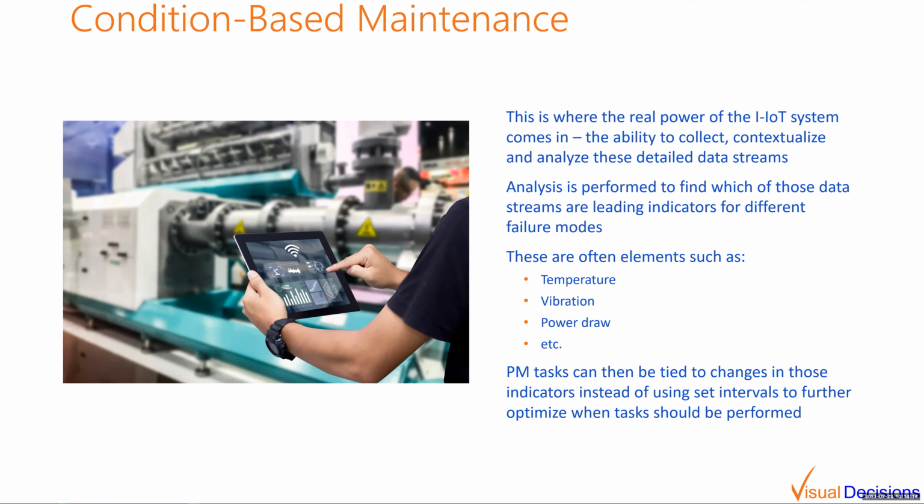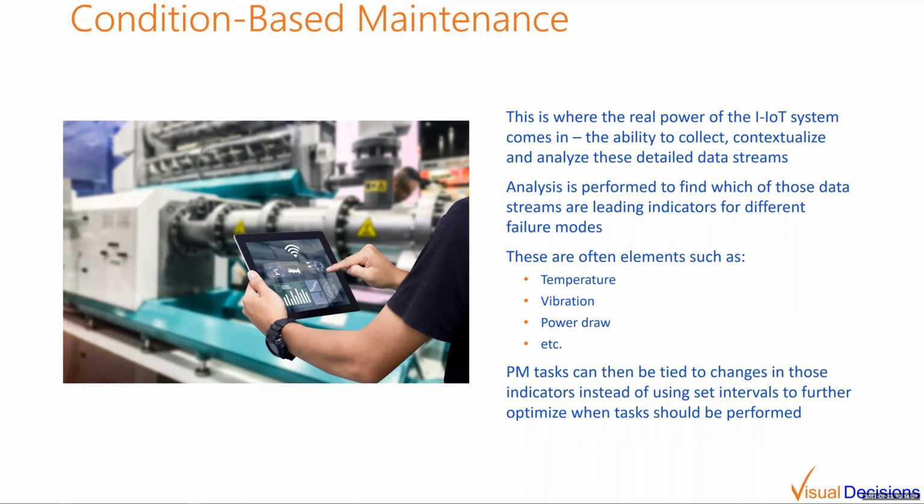The impacts of Industry 4.0 on condition-based maintenance are pretty straightforward, actually. Everything discussed with preventive maintenance still applies, but now we're monitoring the tags or the process variables and setting tolerances on when we need to take action based on the changes in those tags.